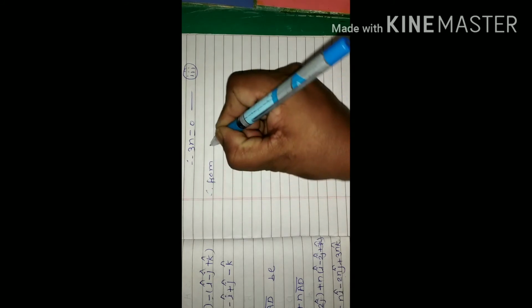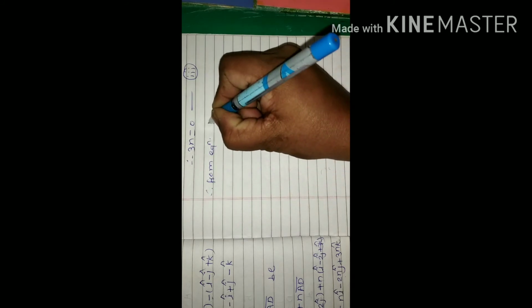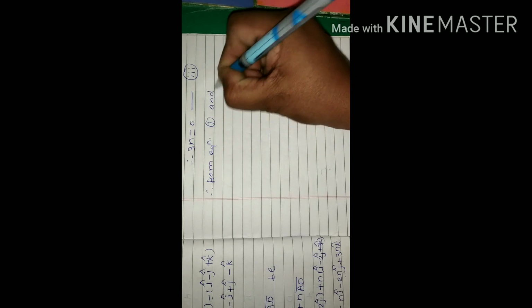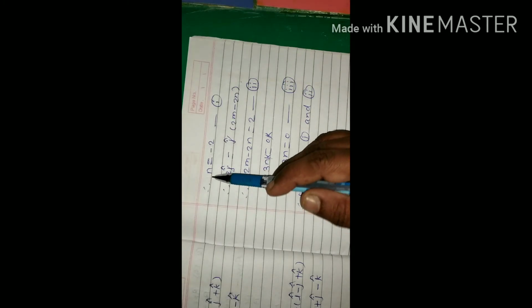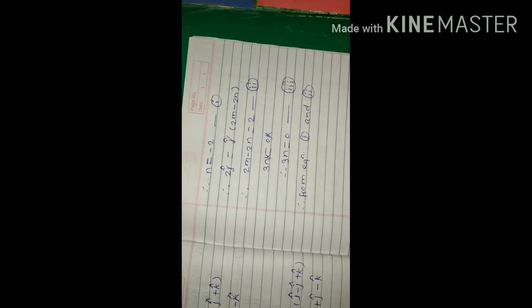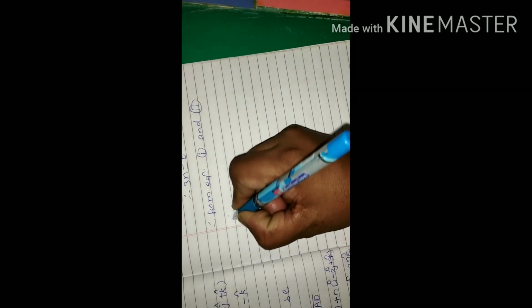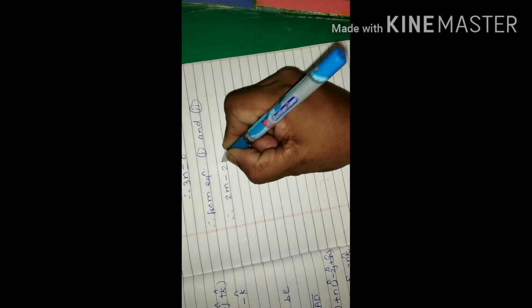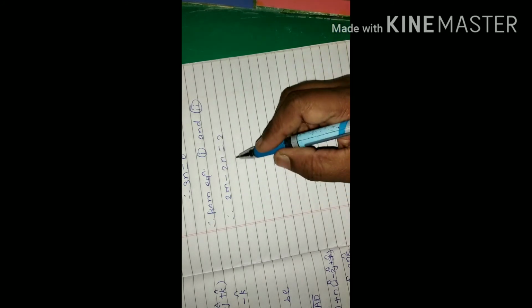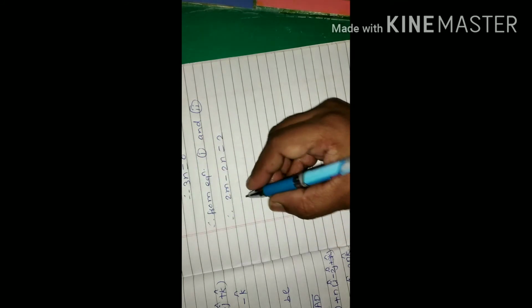Then we write from equation first and equation second, we put the value of n is equal to minus 2 in equation second. Then we get 2m minus 2n is equal to 2. Put the value of n is minus 2 here.